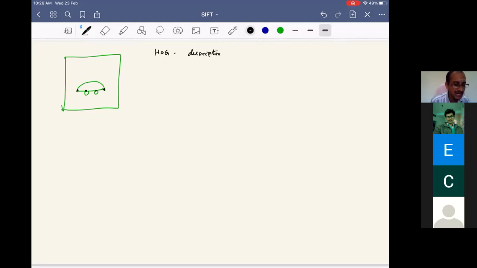This is not explicitly referred to as a histogram of orientation descriptor in the scale invariant feature transform, but it looks quite similar to that. Also, we would like to have a shape-based descriptor which is invariant to all those aspects.